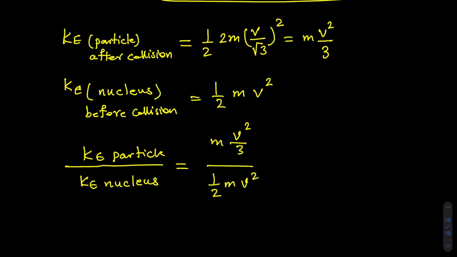After simplifying, it will be equal to 2 over 3. So 2/3 of the kinetic energy was transferred to the target particle, which was that particle with a mass of 2m.